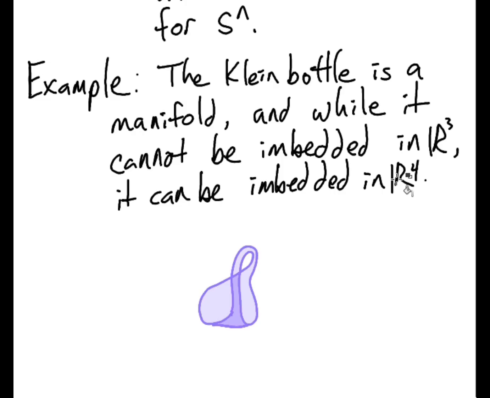It sounds not very physical, and part of that is because it cannot be embedded in R3. We couldn't build a Klein bottle that doesn't involve intersecting itself. But if we embed it in 4 dimensions instead, this is the number of dimensions required to have a faithful embedding of it where it doesn't self-intersect. So there is some number of dimensions where this manifold embeds properly.